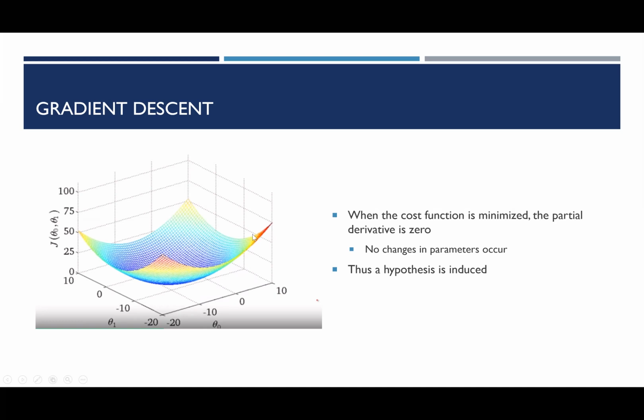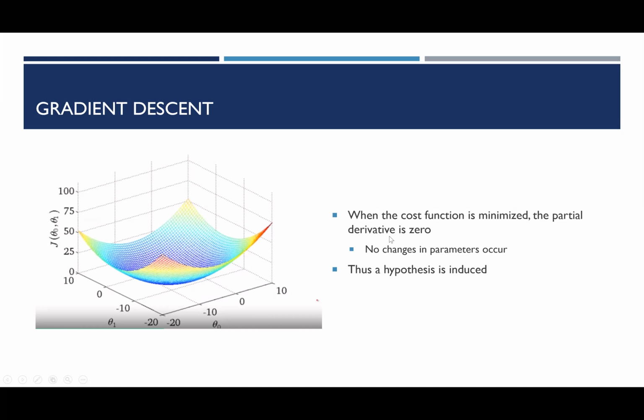If you were to take the derivative of the cost function J of theta 0 and theta 1, when that derivative is 0, that's the local minimum, or global minimum in this case. This is usually what it looks like for linear regression.